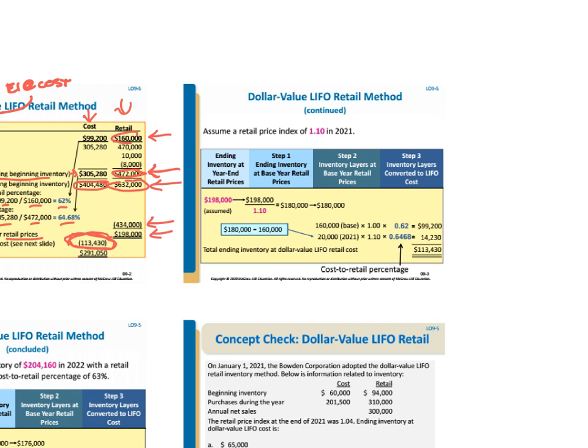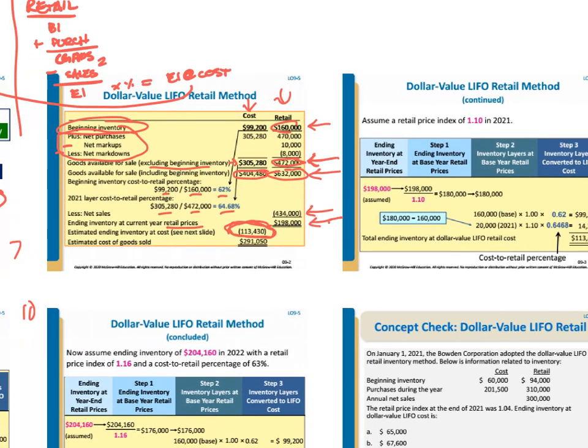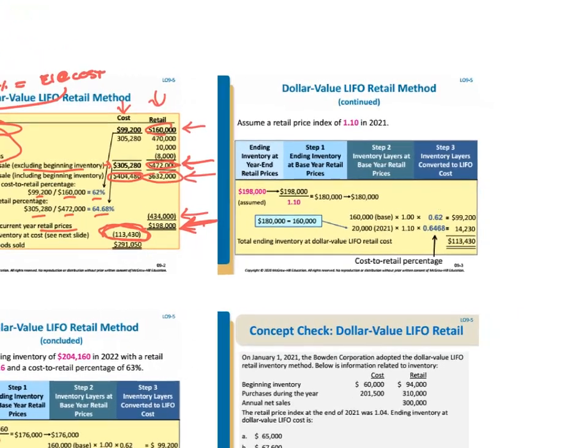So in order to compare true apples to apples, in order to compare our change in the inventory level in terms of quantity, but by looking at it in terms of value, we must revert back to base year prices. So in order to do that, notice we calculated ending inventory right here at retail prices at $198. What we're going to do is take that $198, and here's where the dollar value piece comes in.